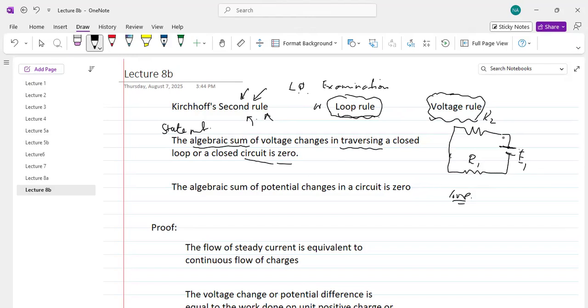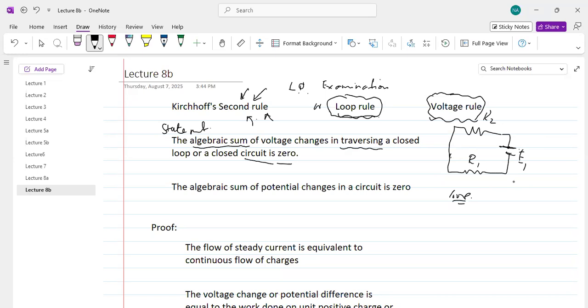What does this mean? This means that traversing this loop actually means we move from one point, go around the loop and end at the same point that we started from.